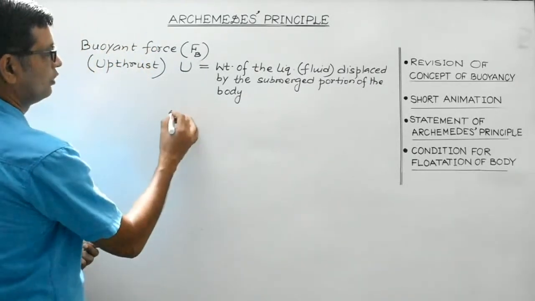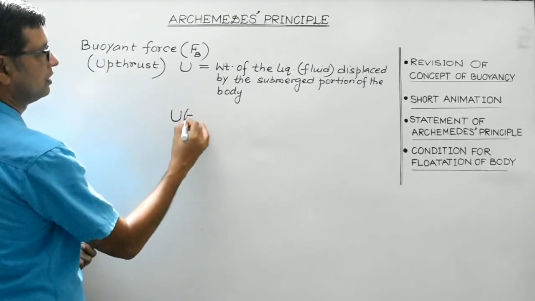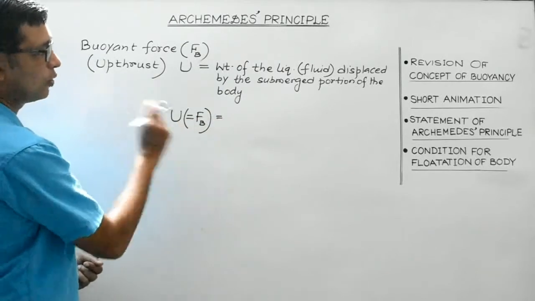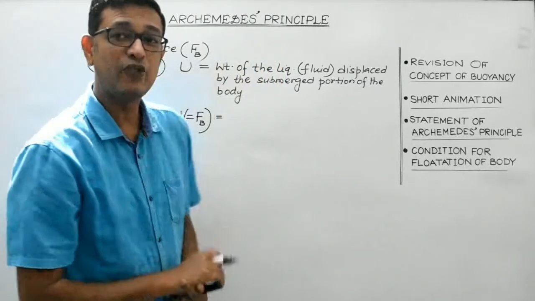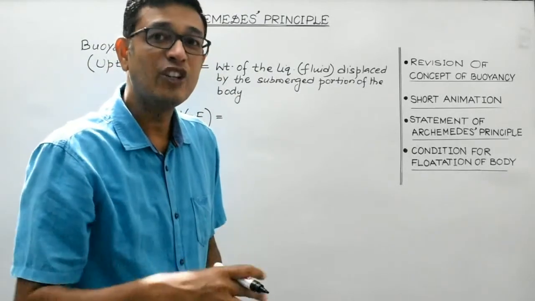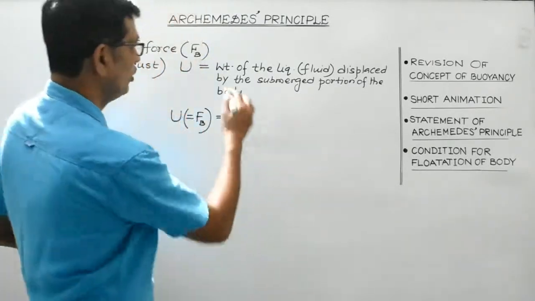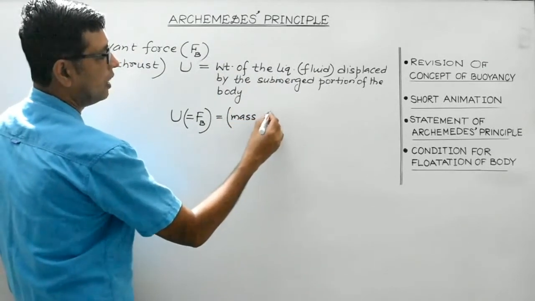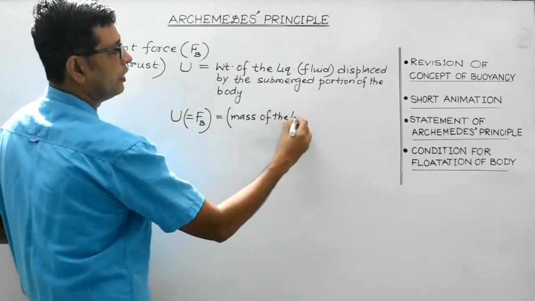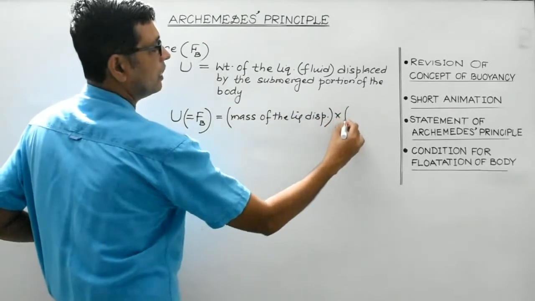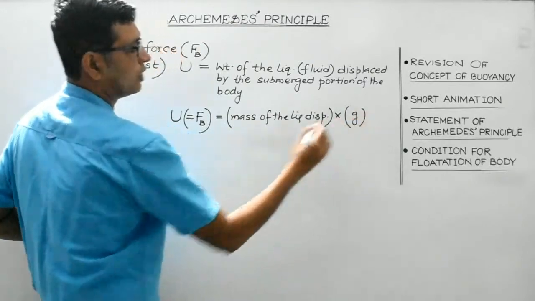Right? So let us further rearrange it. We have discussed it. This is upthrust or buoyant force, the weight of the liquid displaced. Weight is equal to mass into acceleration due to gravity. So the weight of the liquid displaced would be equal to the mass of the liquid displaced multiplied by acceleration due to gravity.